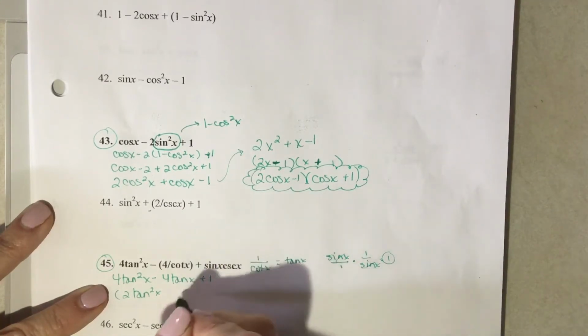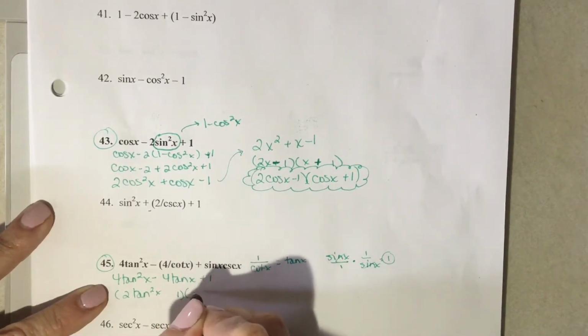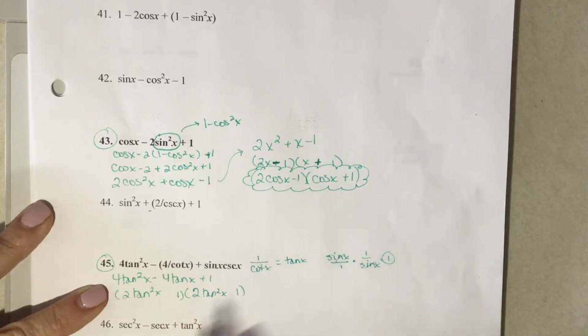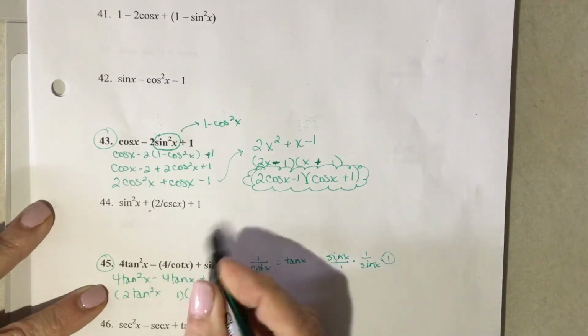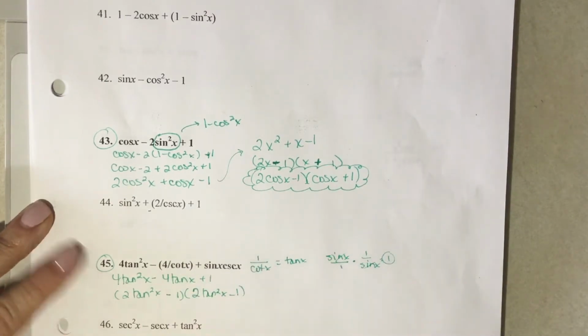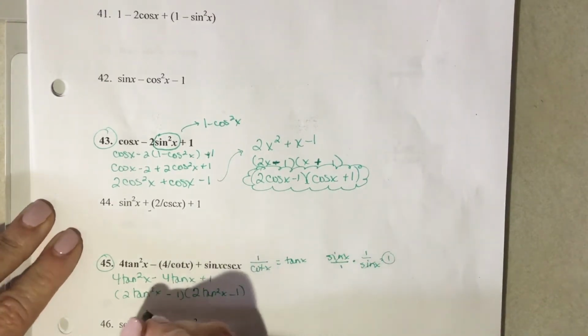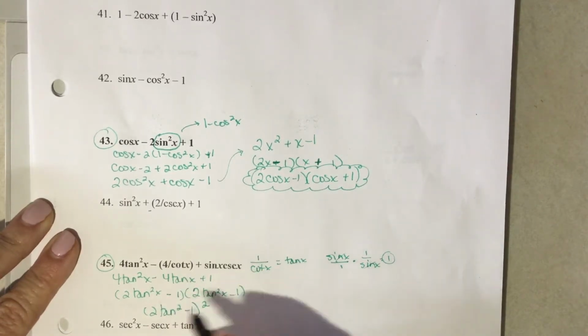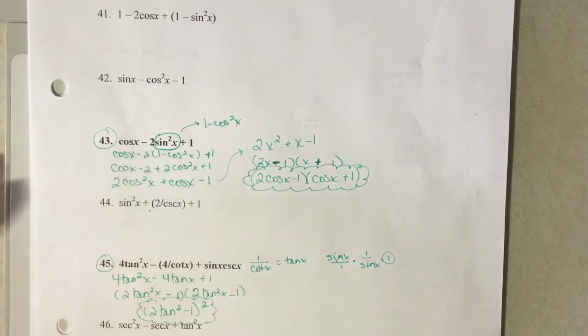What times what gives me 1? 1. And because that's a negative and that's a positive, they both have to be negative. And I have factored it. If you want, you can rewrite it in terms of one binomial squared: 2 tangent squared minus 1 quantity squared.